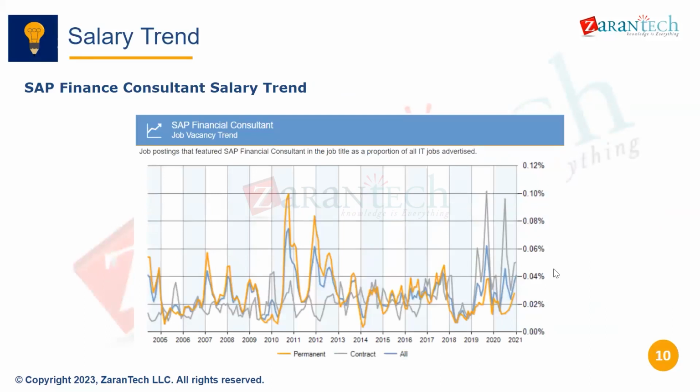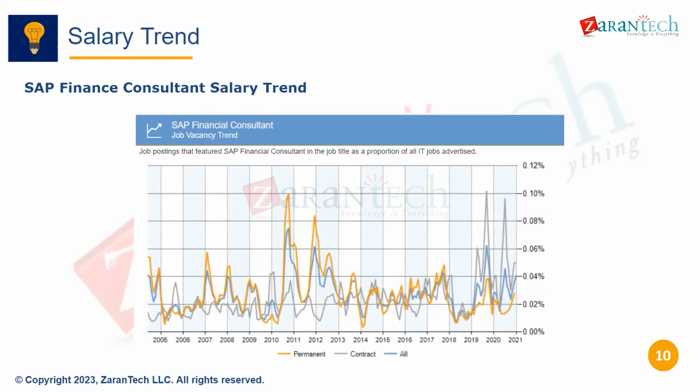You see, there have been some years where the demand was low, but in recent days the demand has been increasing for SAP consultants. With the introduction of S4HANA, all the companies are re-implementing or migrating to S4HANA. So the demand has been increasing. Some clients are still waiting.